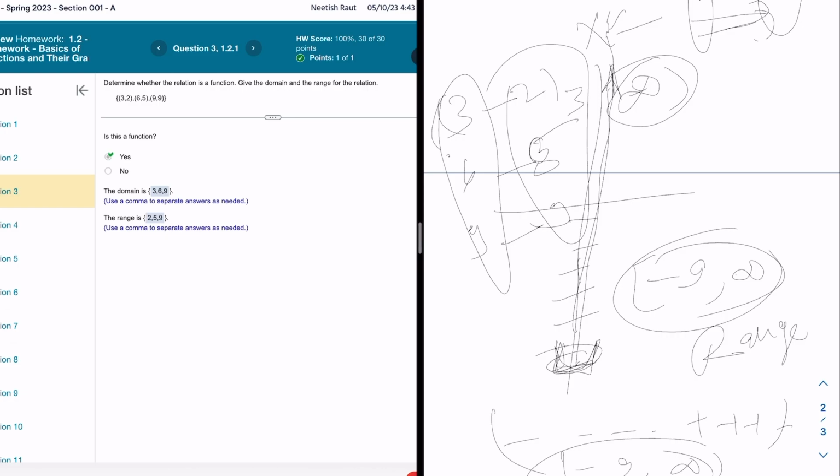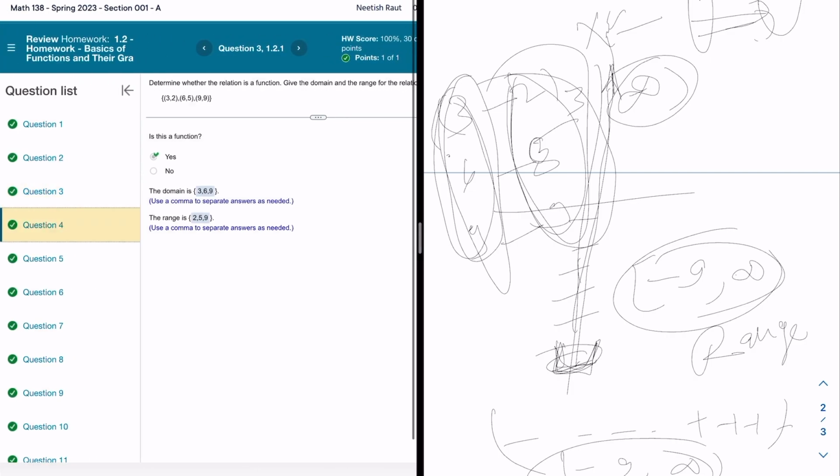Is this a function? Yes, because every domain element has its unique codomain, which is also called the range. So this is a function, and our domain is the x coordinates and the range is the y coordinates. So we have written 3, 6, 9 as the x coordinates and 2, 5, 9 as the y coordinates. Done. Question number 4.